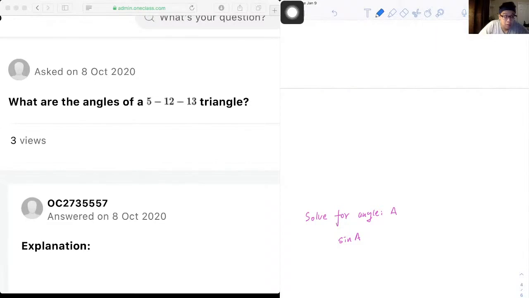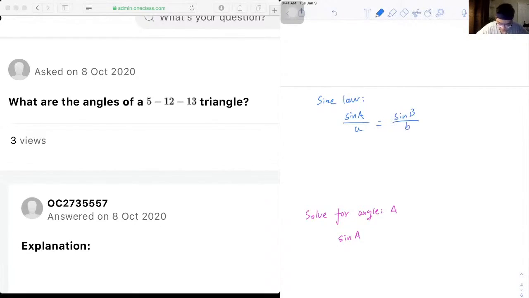The sine law is given by sine A over A is equal to sine B over B, and is equal to sine C over C.